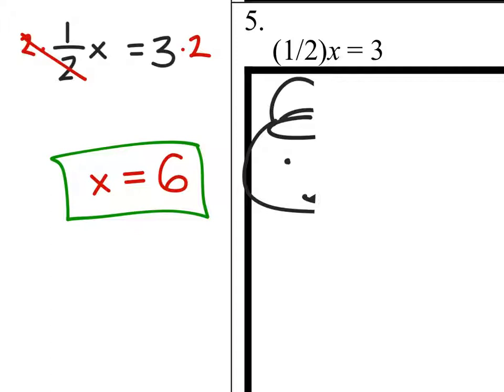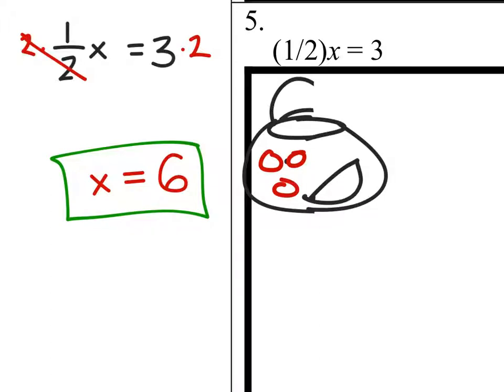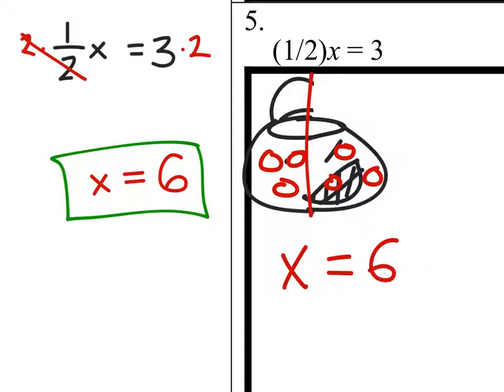But how much candy is in the bucket? 1, 2, 3. 3 pieces. So if we go back and make this a full bucket, that means there's going to be 6 pieces. Well, then we got this other half, which would include another 3 pieces. So the full x would be how many pieces? 6. Sorry, I forgot the other part of the handle there.